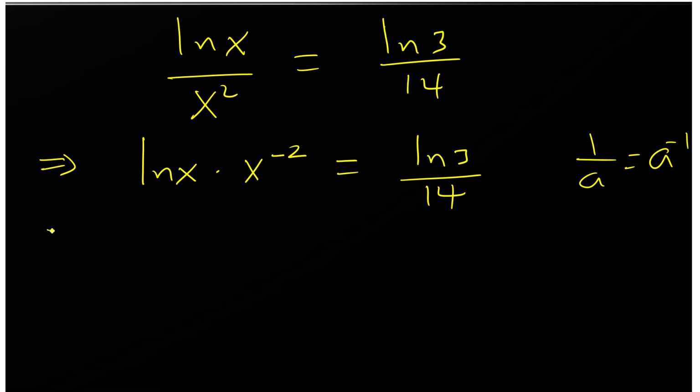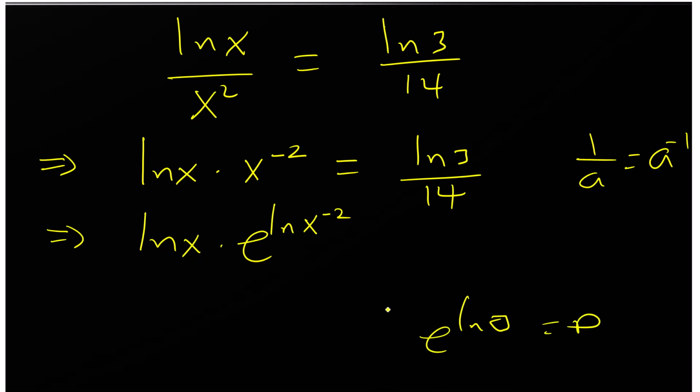Remember the rule: ln of x, I'll write this one as e raised to ln. Anytime you see this, whatever comes remains as it is, so x raised to minus 2. Going back, e raised to ln of box is this box, so we can still retrieve this one.